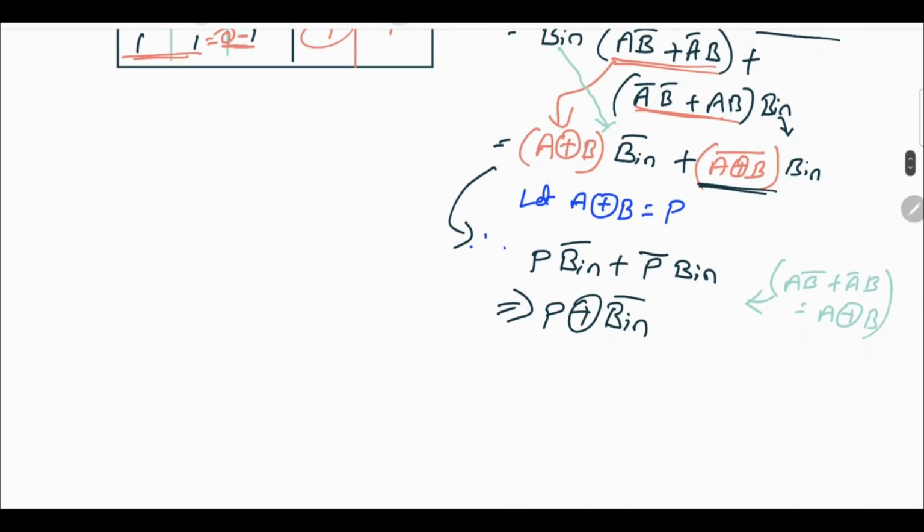Now what is P? Substitute for P. P is written here, P is A XOR B. So we have substituted, and P is A XOR B and XOR B in.